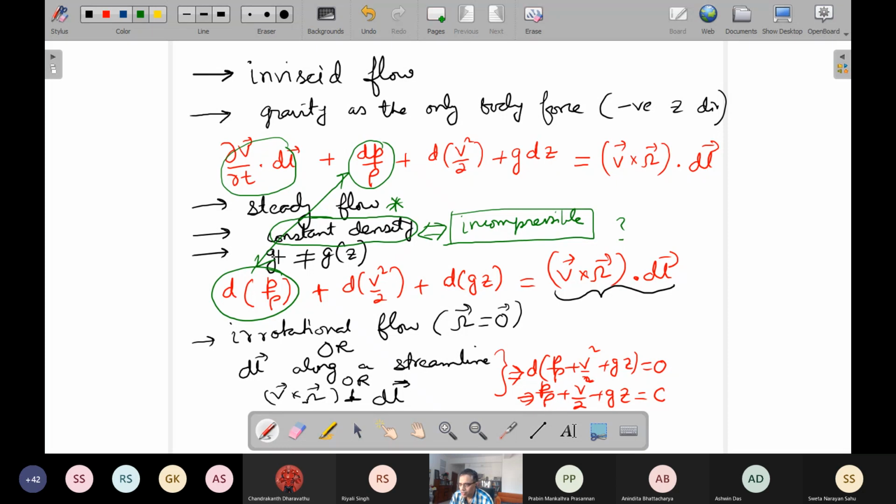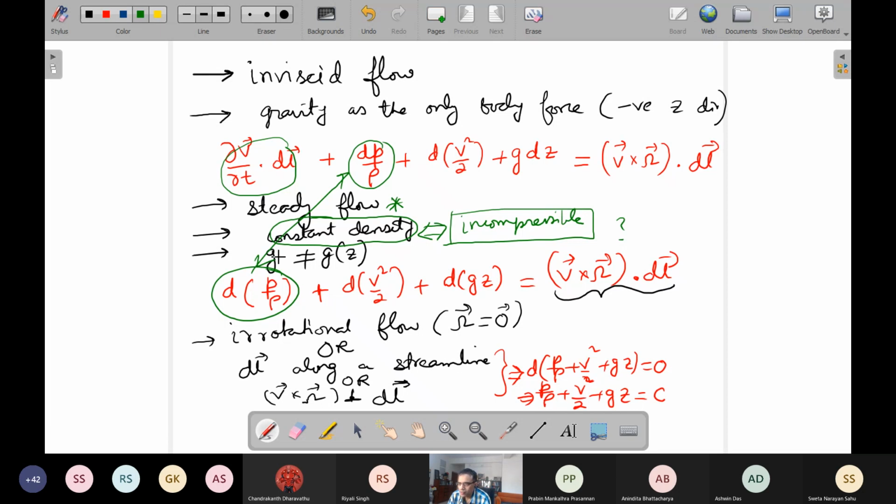See the depth of thought that you have to give for it. It's not just a casual statement of incompressible flow that we may need to consider. So this is also a corollary question to the previous question that I have posed.